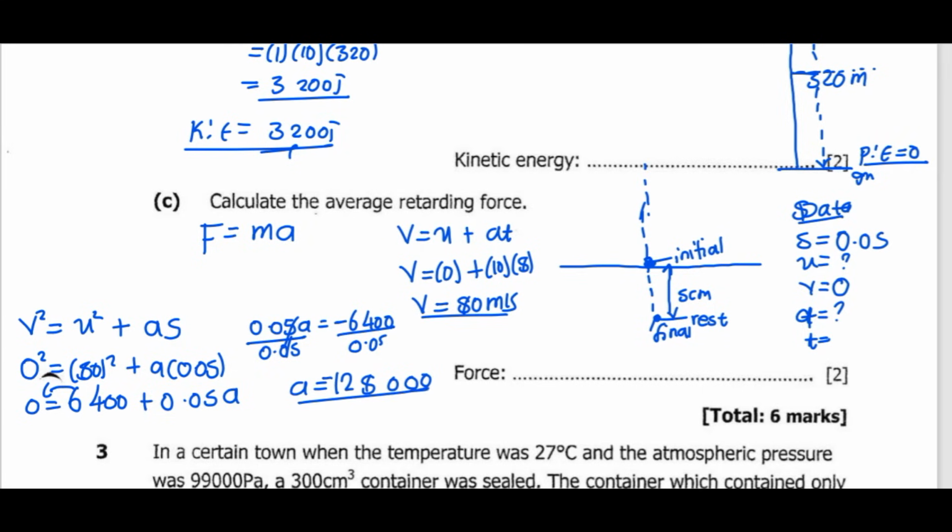So the negative means that we are solving for retardation because it was slowing down. So say now mass is equal to 1, then negative 128,000. So if you multiply by this, our final answer is negative 128,000. So the negative is just showing us that whatever object we are dealing with was retarding, it was coming to a stop.